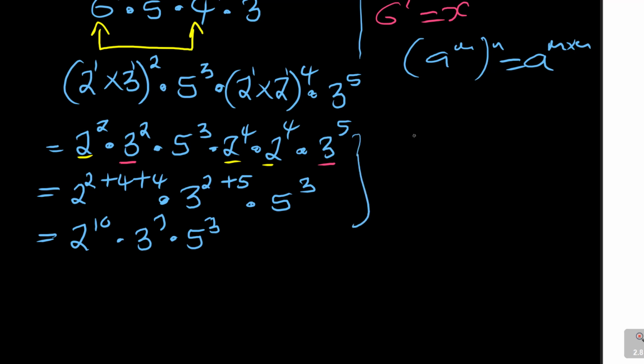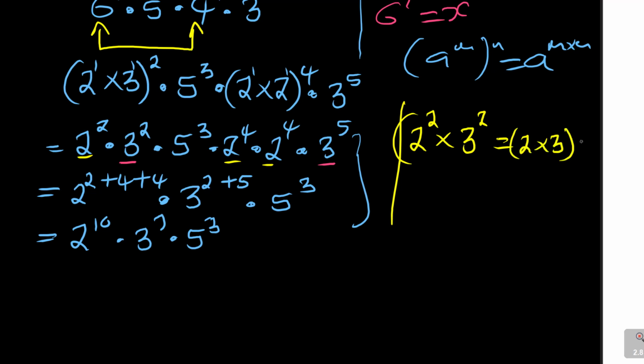Look at this rule. If you give me 2 to the power of 2 times 3 to the power of 2, the same base, this can be same as 2 times 3 to the power of 2. You agree with me? Which is equal to 6 to the power of 2. That's what actually was happening here.